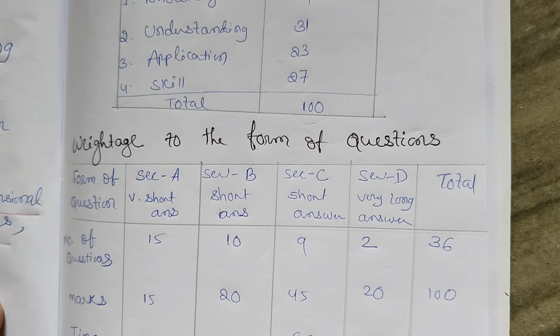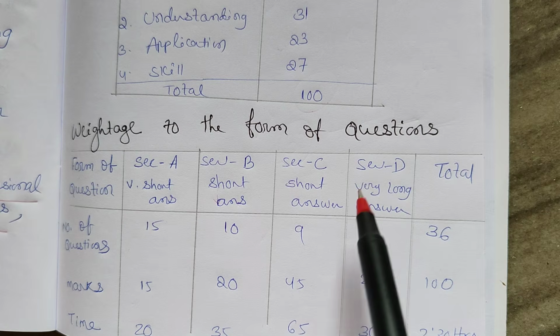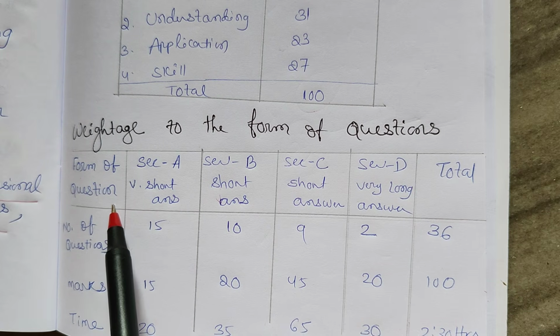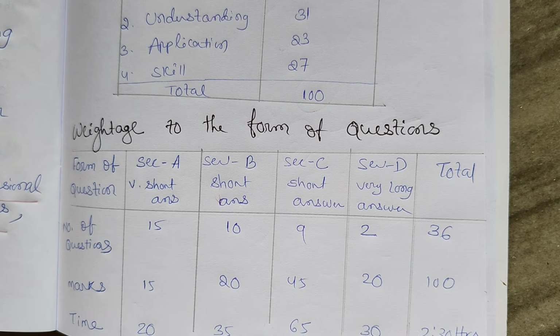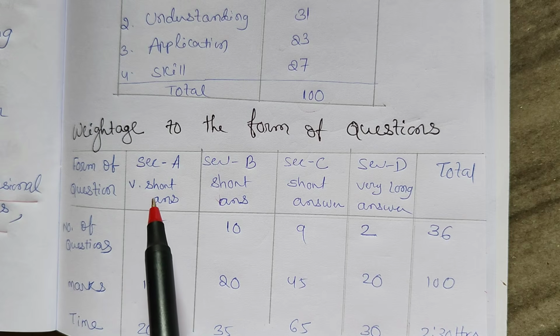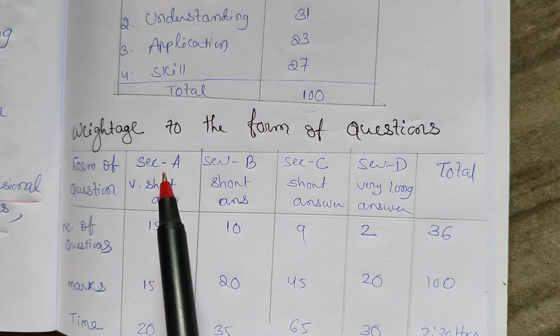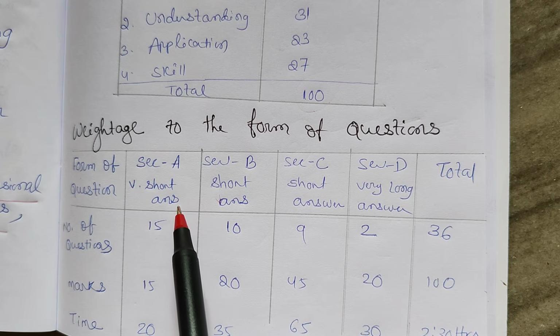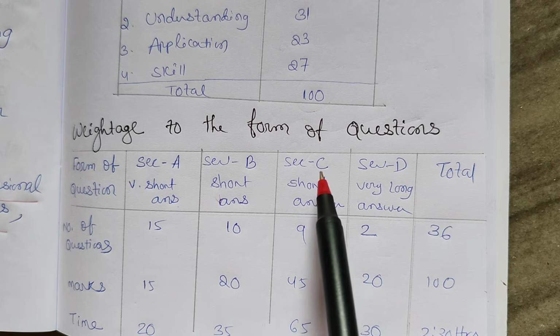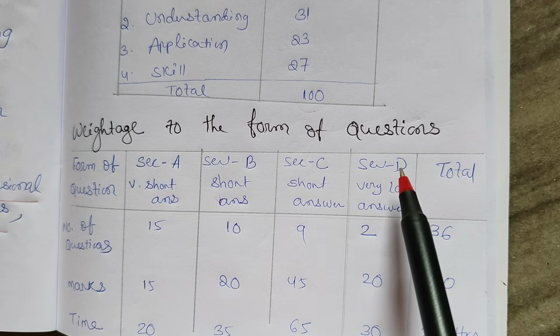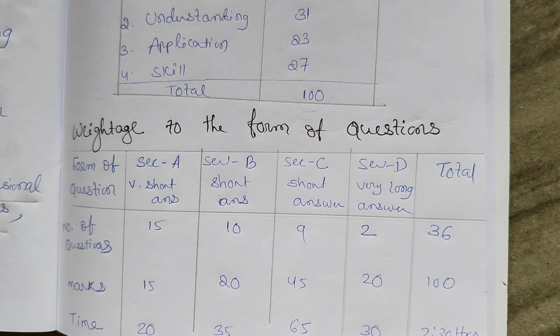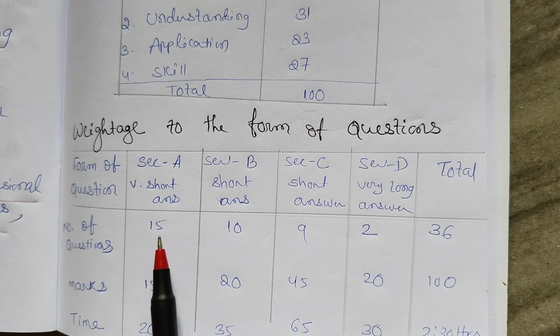Now weightage to the form of question: form of question, number of questions, marks and time. See in the question paper there are section A, section B, section C, section D, no? Section A very short answer, section B short answer, section C short answer, section D long answer. So how many questions here?